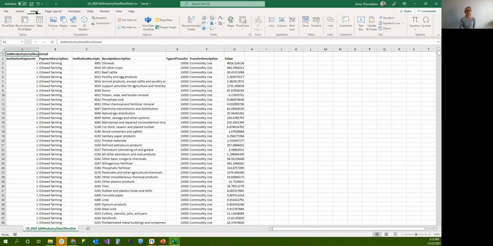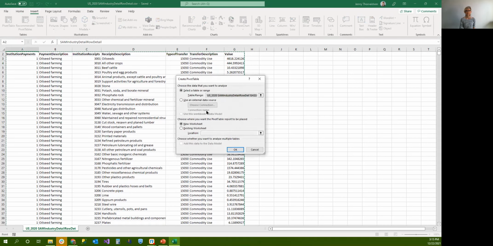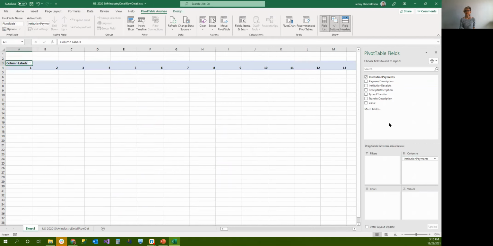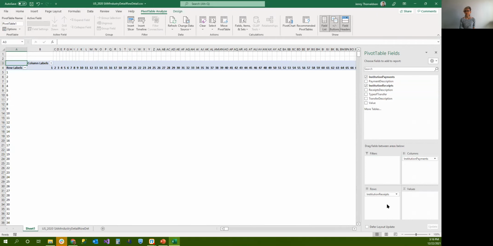What we're going to do is insert a pivot table. And we're going to say that institution paying is going to be the column. Institution receiving is going to be in the row. We want to look at the transfer description.